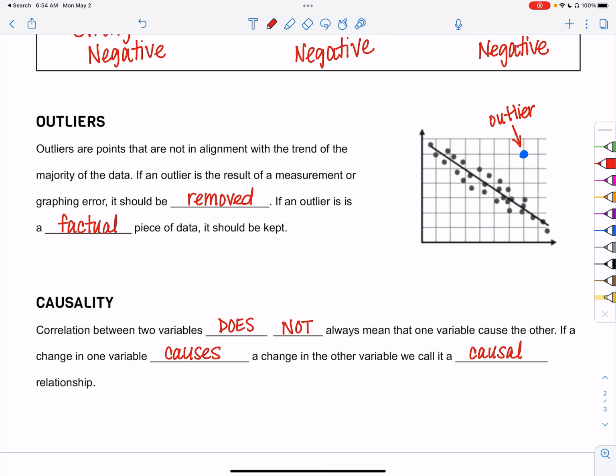Just because you may feel like there's a correlation between two variables, it doesn't mean necessarily that one variable actually causes a change in another variable. It could be that they both relate to a third variable, which in turn makes them related to each other, but it's not the actual causing factor in the relationship.